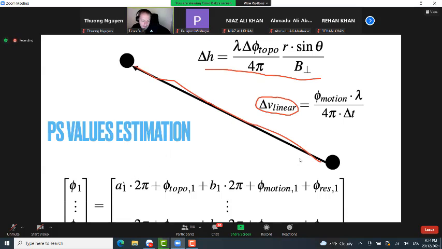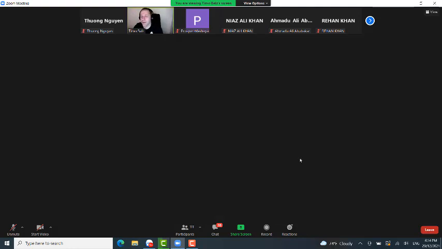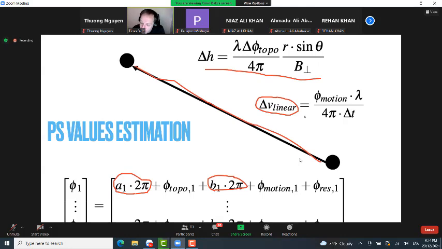We have a bit more unknowns because the number of unwrapping cycles for the topography and for the motion are also unknown for each image. So we always have more unknowns in that solution than actually known. So it's always an underdetermined system. Nevertheless, that is solvable. What we're doing is we minimize the residuals in the set of equations.